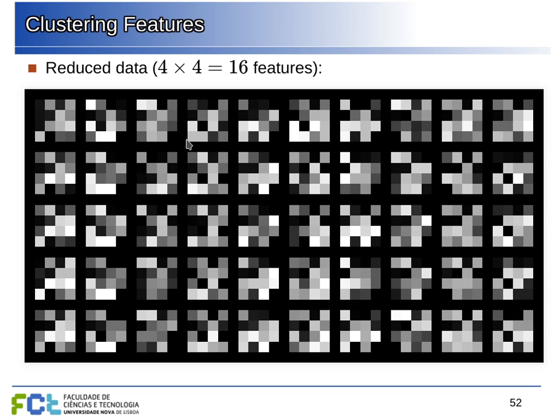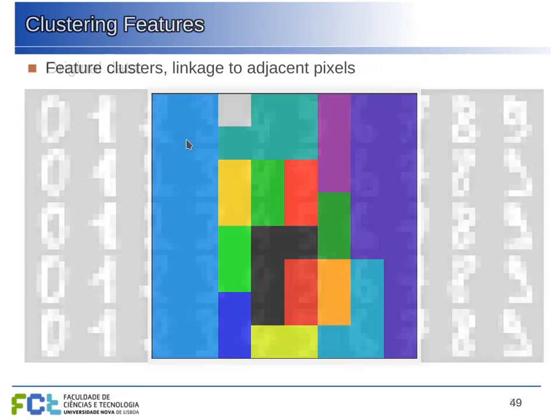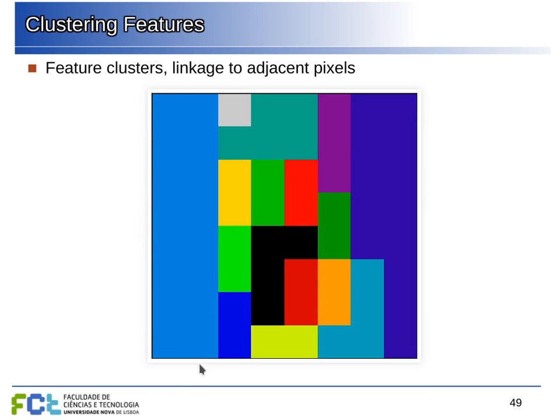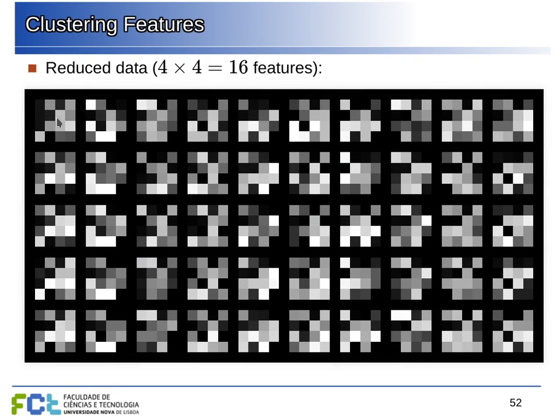Note that now these images do not look like digits because we are completely scrambling everything. We are taking, for example, all of these pixels to be just one single pixel. These pixels here are another pixel, and so on. But it's still possible to see that the zeros have one shape that is not quite the same as the ones and different from the twos and so on.